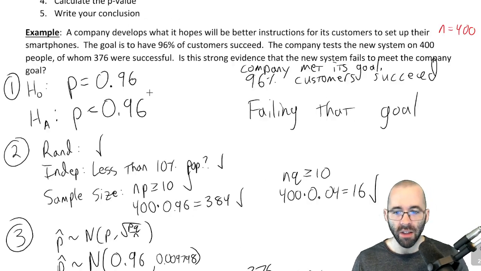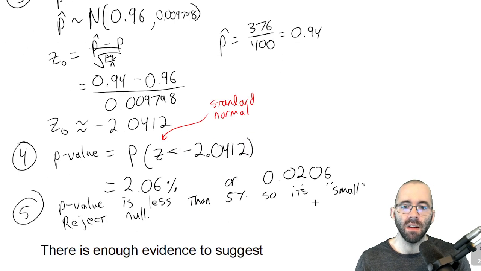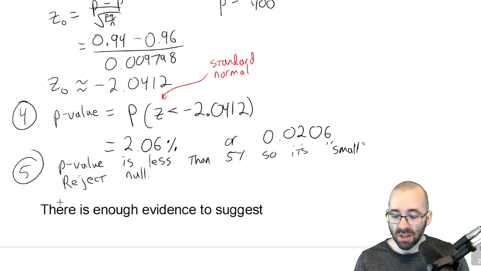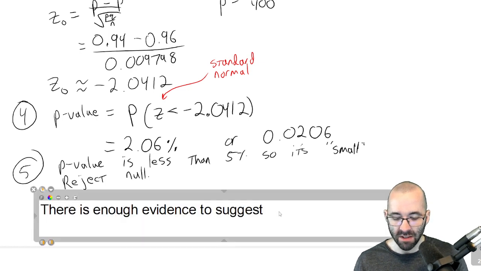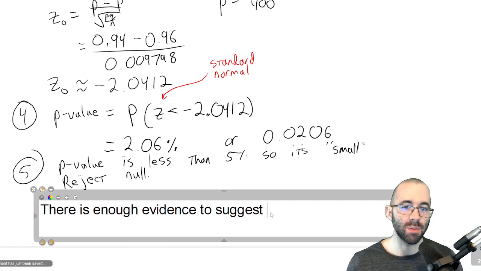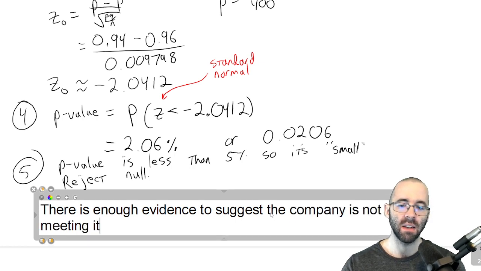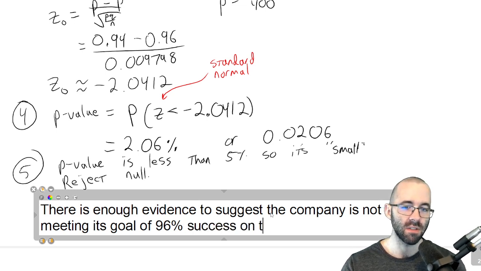We know that their 94% was under the goal, but the company was hoping that that was just being unlucky. But no, we have enough statistical evidence to say that you weren't just unlucky, you're really below that 96% threshold. There is enough evidence to suggest the company is not meeting its goal of 96% success on the instructions.